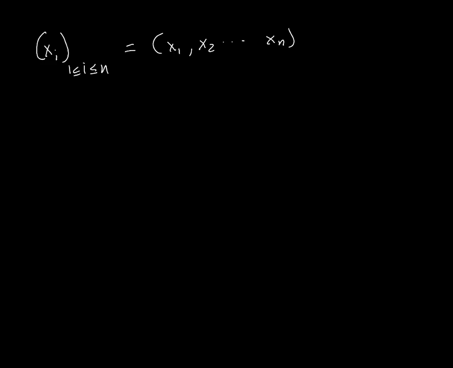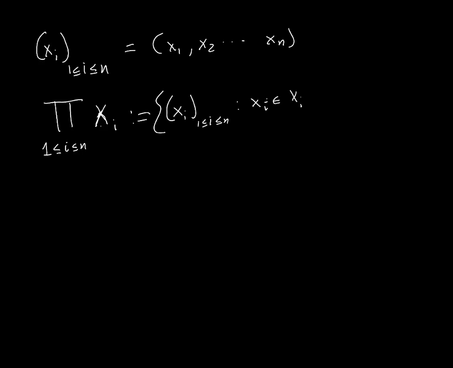And the definition is the same: two n-tuples are equal if and only if every component at the same index is equal. Likewise for the product, we have X_1, X_2 to X_n, all sets. If we take the product of these sets, we get the set of all n-tuples where each x_i is in the corresponding X_i, for all 1 less than or equal to i less than or equal to n.